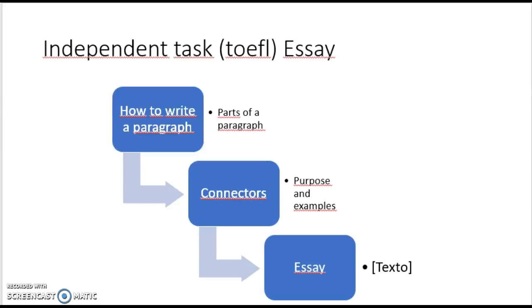The first part is how you have to write a paragraph, and this contains the parts of a paragraph. Then we have the connectors and their purposes and some examples. And finally, we are going to conclude with how to structure an essay, the body part of an essay.